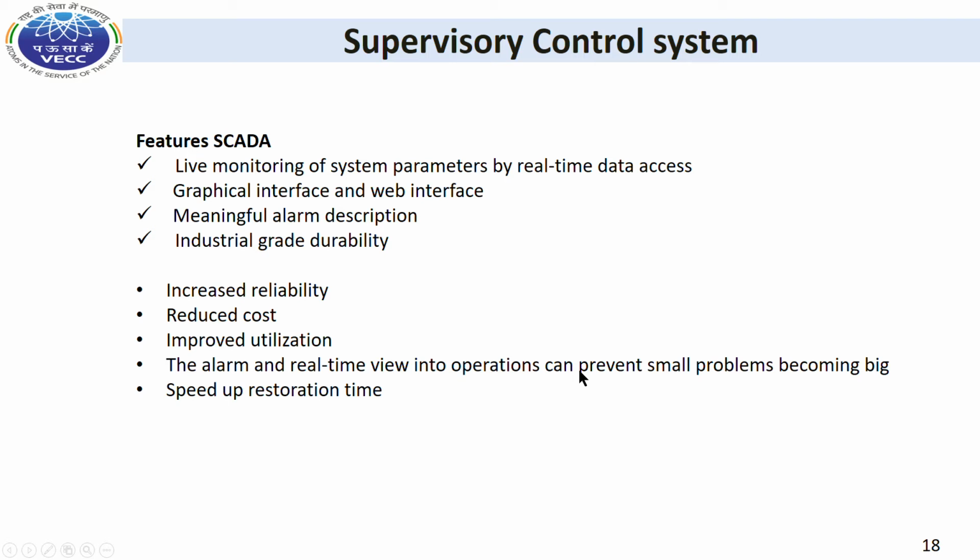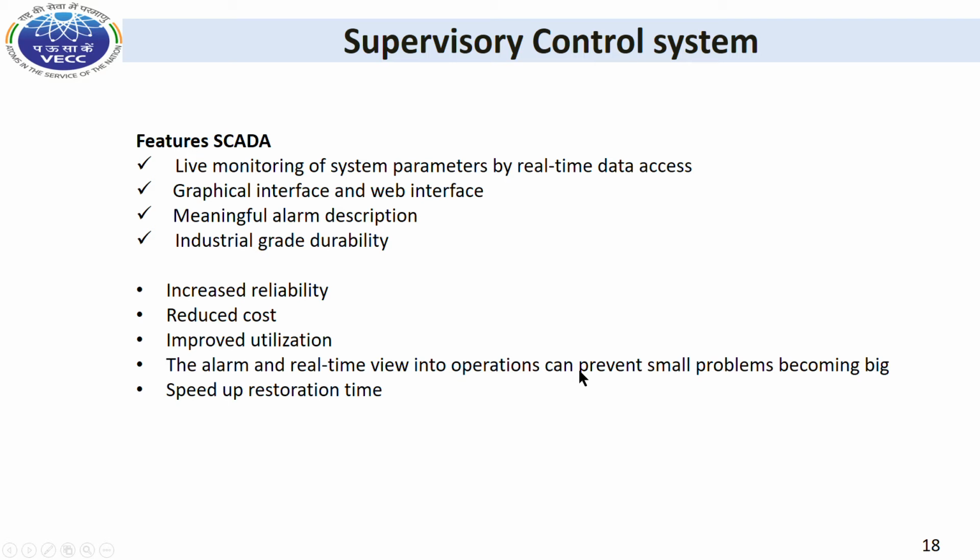The features are live monitoring of system parameters by real-time data access, a graphical interface and web interface, meaningful alarm descriptions, and industrial grade durability. There are other advantages. We can increase reliability, reduce cost, and improve utilization.